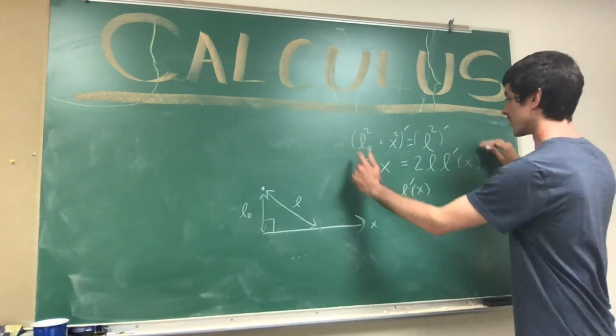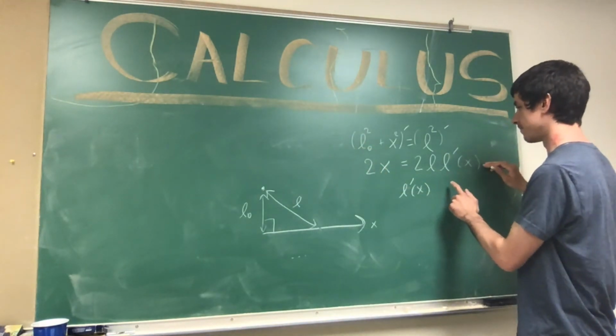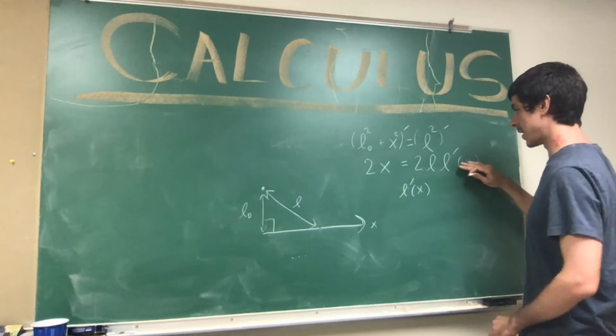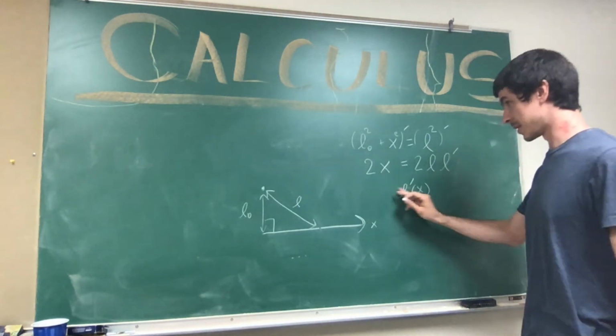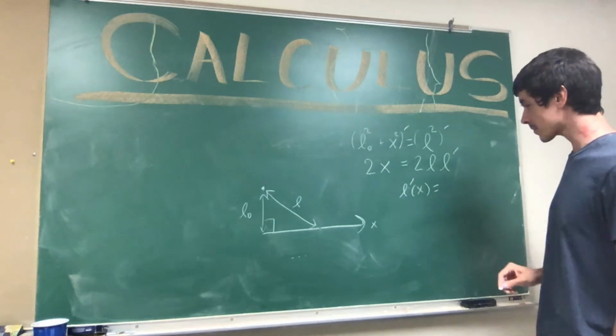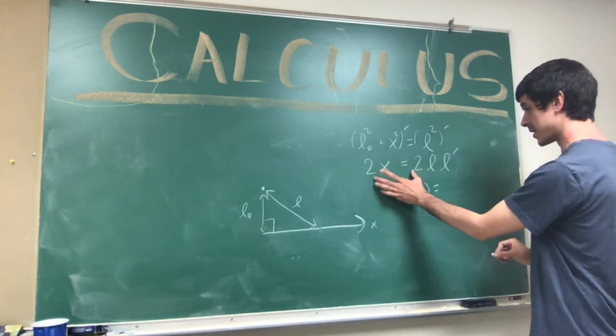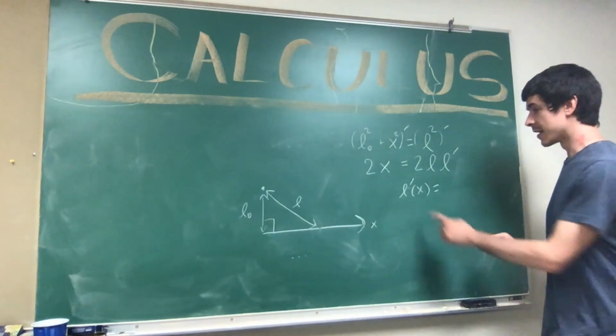Sometimes for ease of notation, we won't write the dependence explicitly. Like here, no explicit dependence, but I'm going to put the dependence back in. So L prime of x, we divide both sides by 2, then divide both sides by L to get L prime alone.